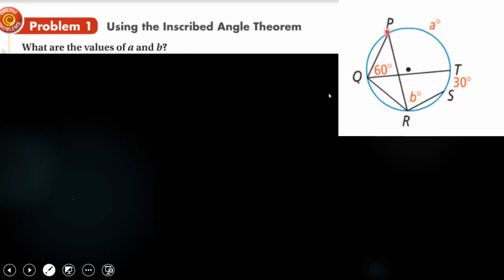It is this one and this one. These are the sides of the angle.